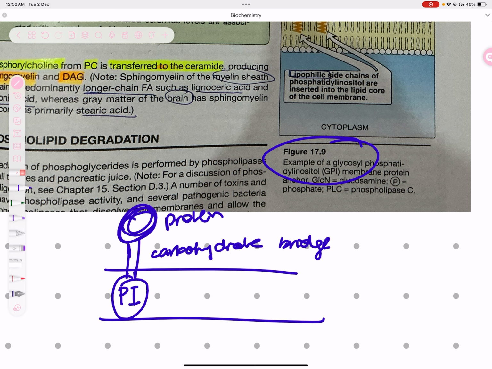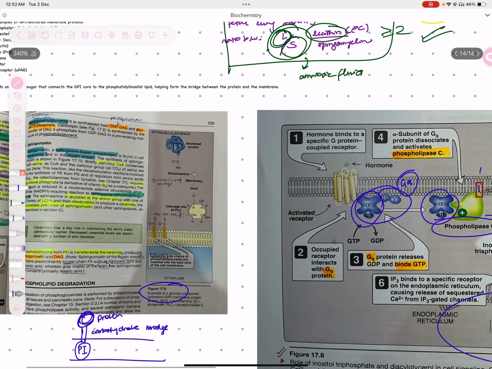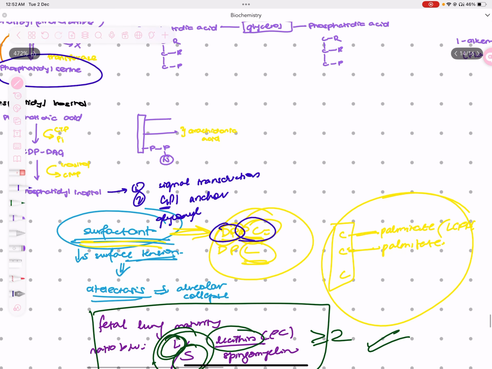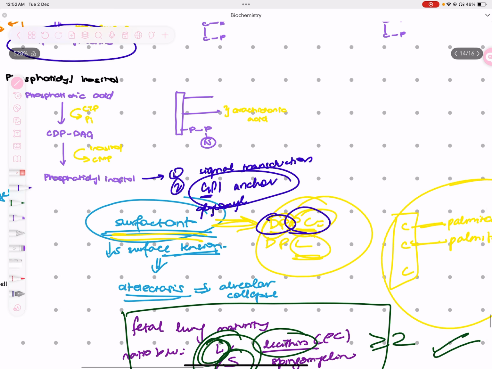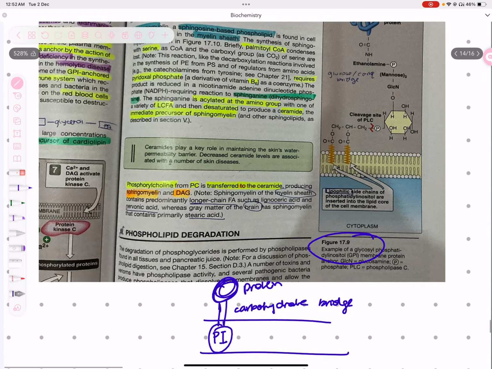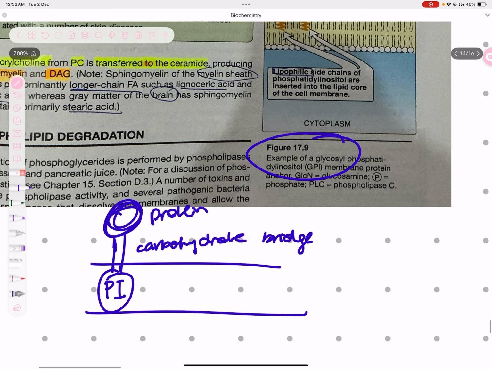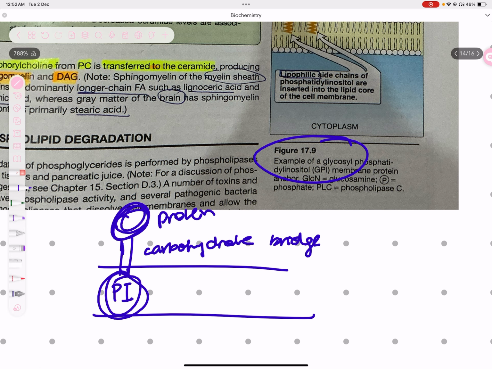So phosphatidylinositol also has a role in membrane protein anchoring. That has given it the name GPI anchor, which is glycosyl phosphatidylinositol anchor. So this is anchoring this protein, right? And now you may be questioning, what is the reason for this protein to be hanging there in the air?